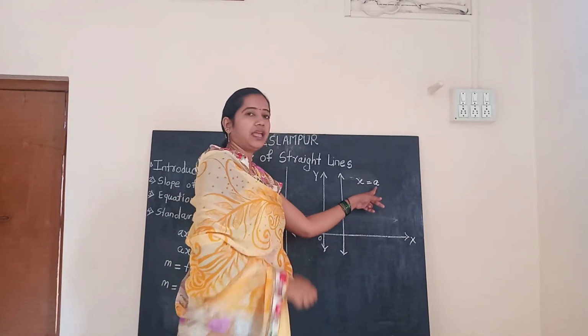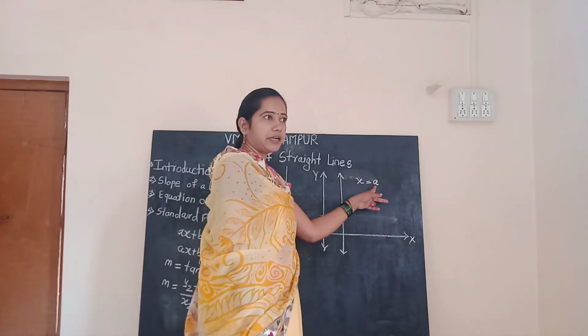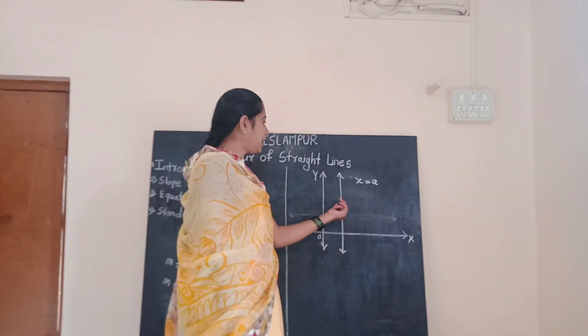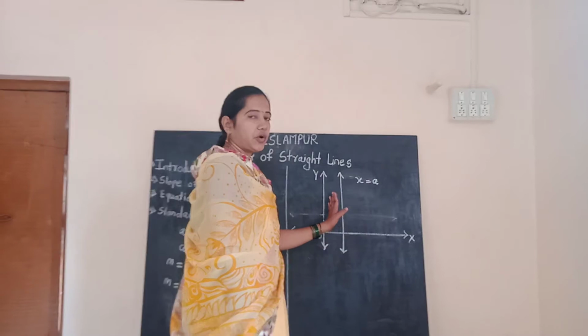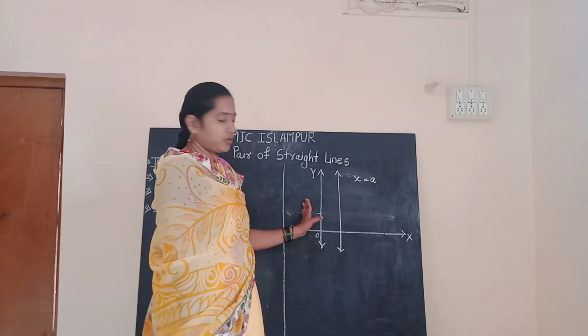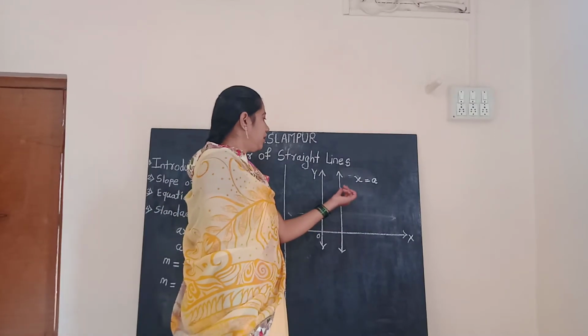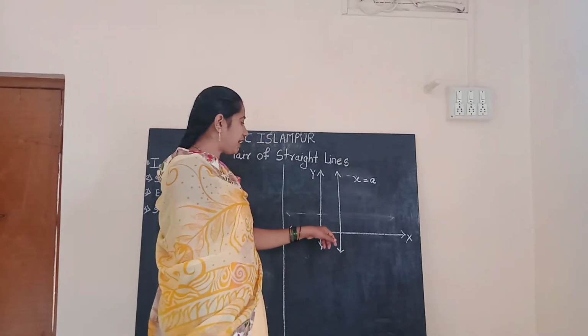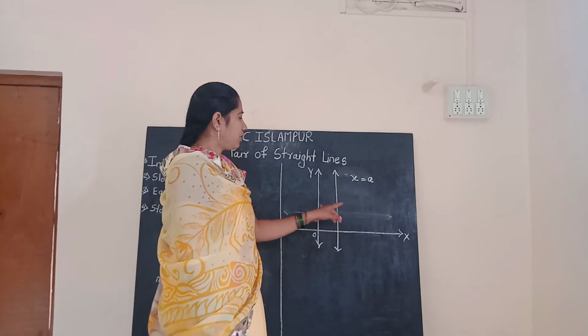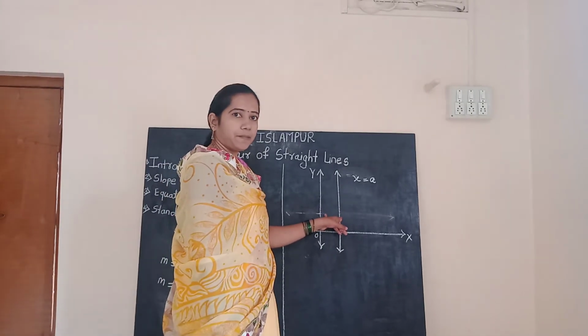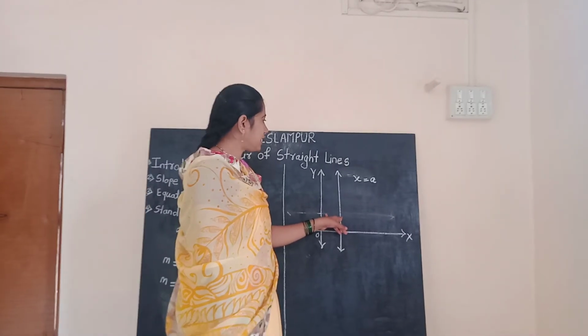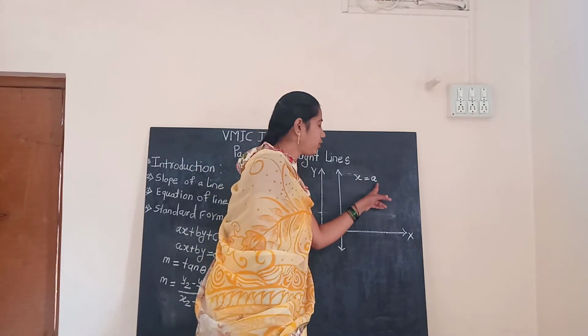Also, this a is a real number depending on whether the line is on the left side or right side of the y-axis. Suppose our line is on the right side of the y-axis, then the equation is x is equal to a.